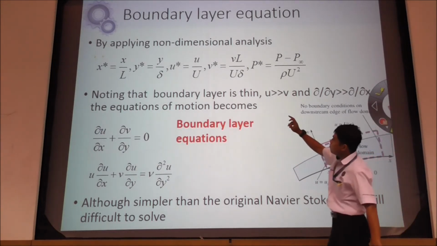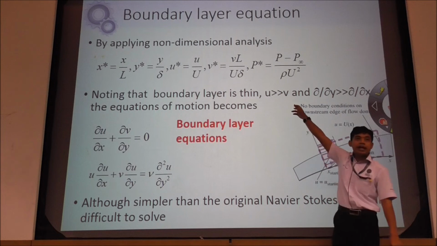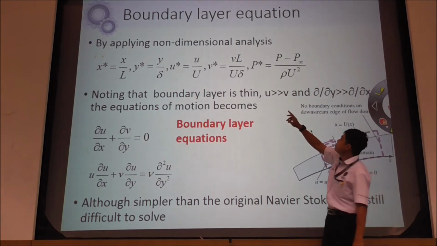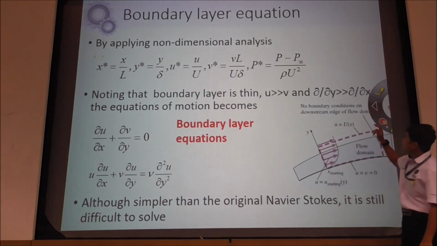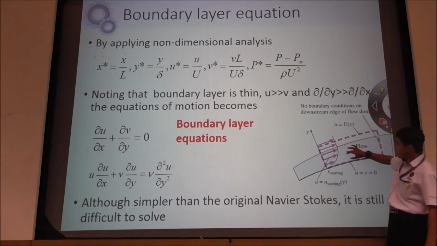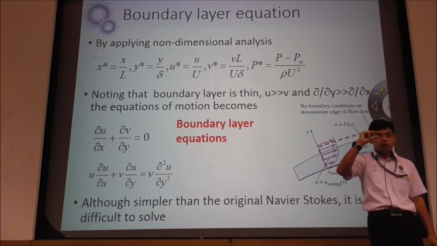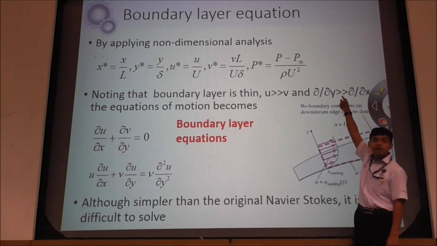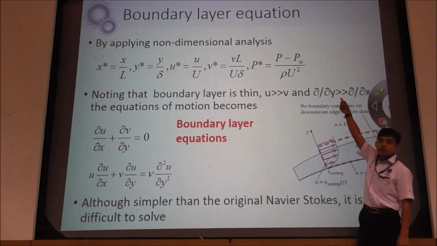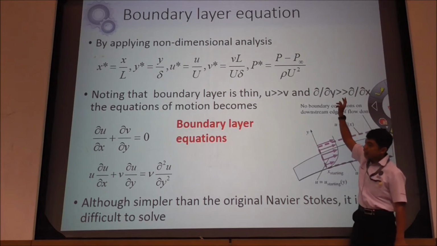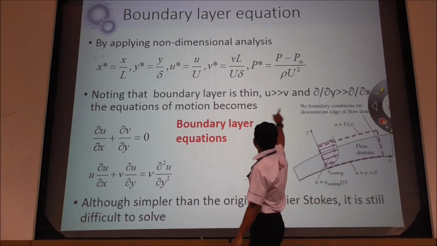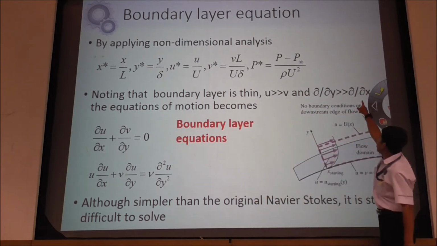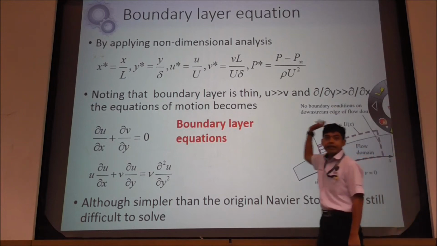So that you can postulate that u is bigger than phi. Right? And also, because your dy is very small, when you divide something with something very small, it will be very big. Okay? When you have that, you will know that whatever is divided by dx can be neglected.